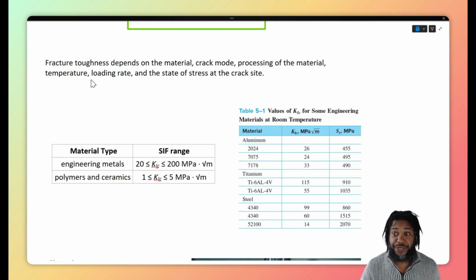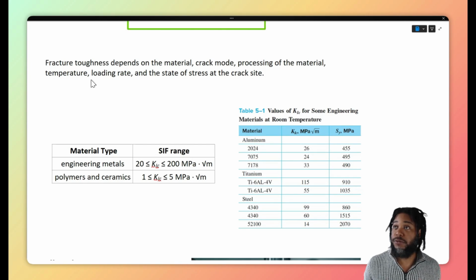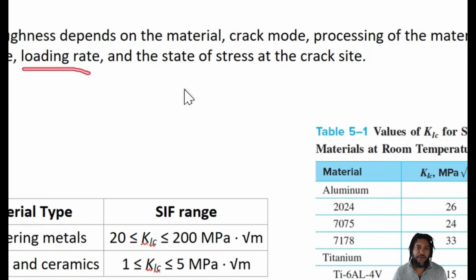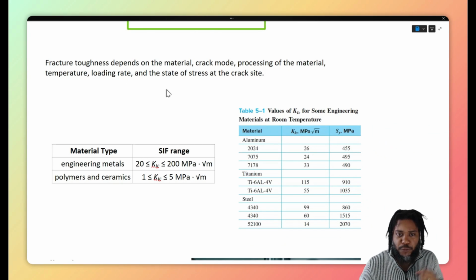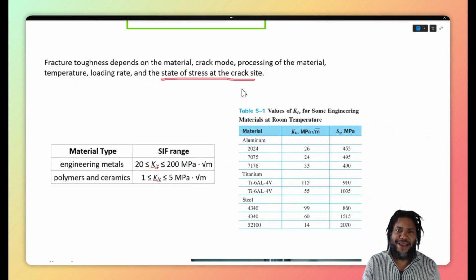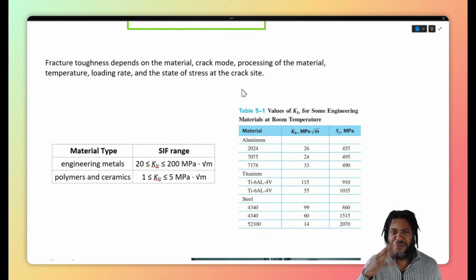Are we fracturing in cryogenic temperatures where the material is expected to be more brittle, or at high temperatures where the material is expected to be more ductile? Loading rate can play a role, slow loading or fast loading. And then also the state of stress at the crack. If the crack is at an angle, the state of stress can be complex.